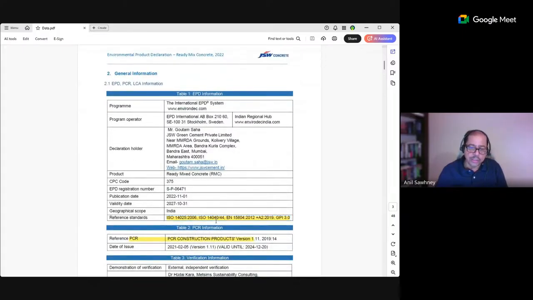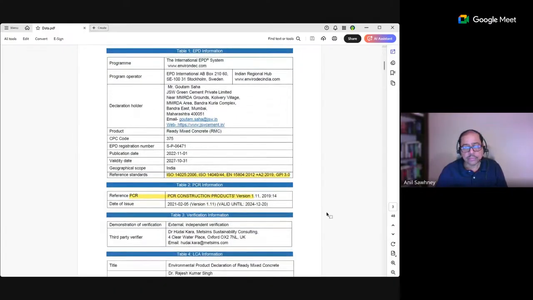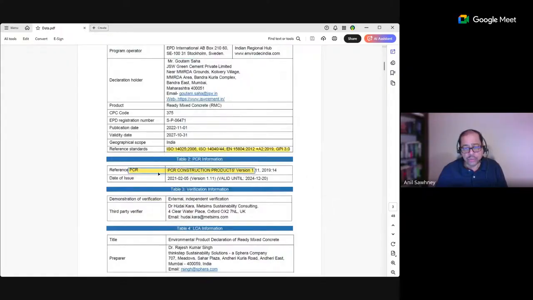So some more detail. You should try and see what ISO and EN standards they use for preparing this EPD. Very important to check what's called a PCR. A PCR is essentially a product category rules. So when developing an EPD, you need to have basic principles that tell you how to prepare the EPD.